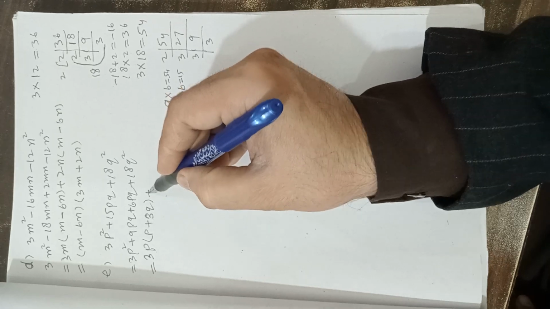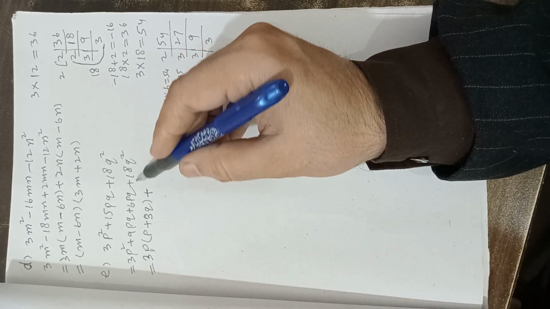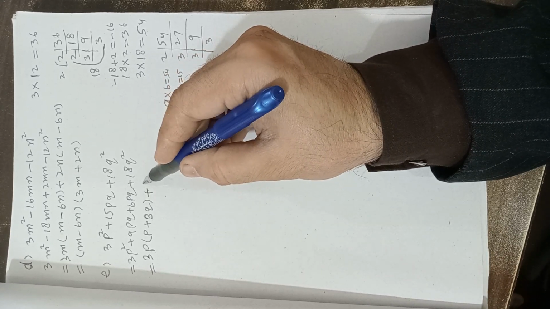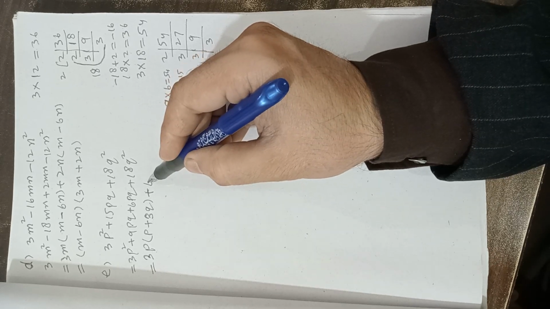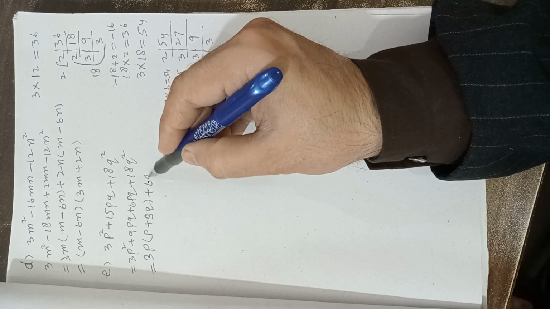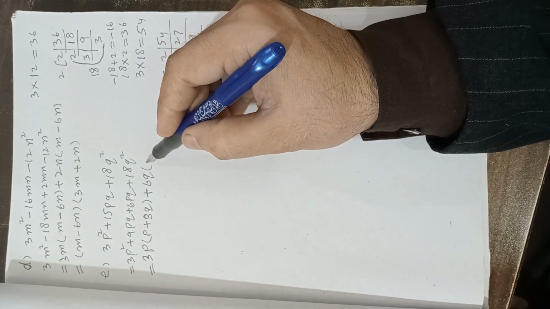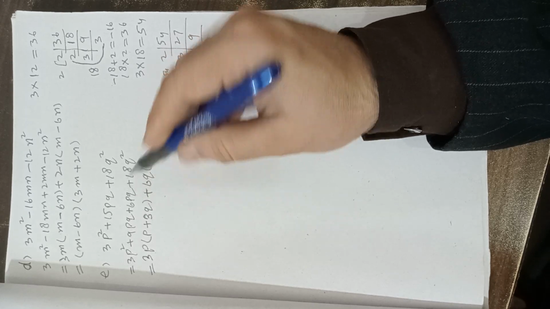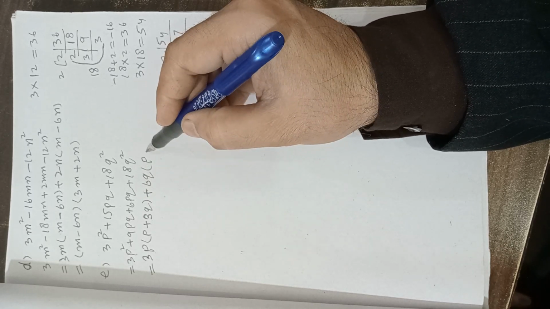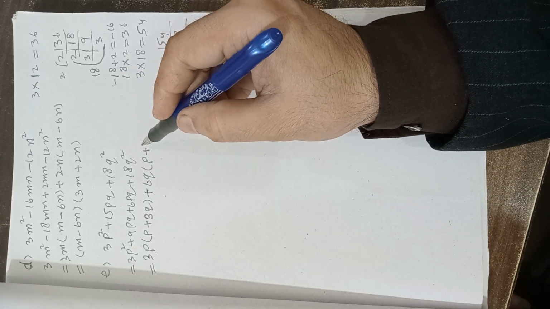Then plus, 6 is a multiple of 6 and 18, so you can take 6 as common and q as common, and then there will be p inside the bracket, and 18 when divided by 6, the answer is 3.